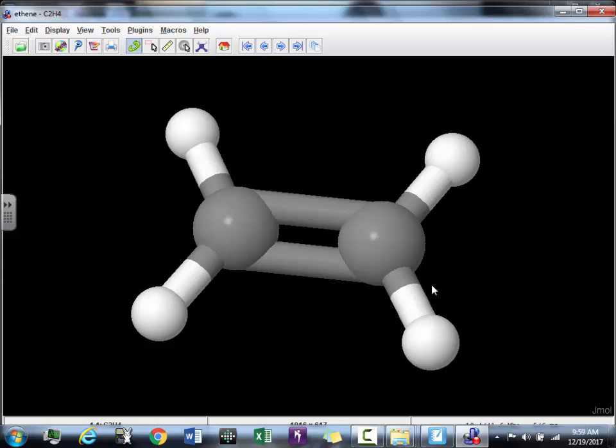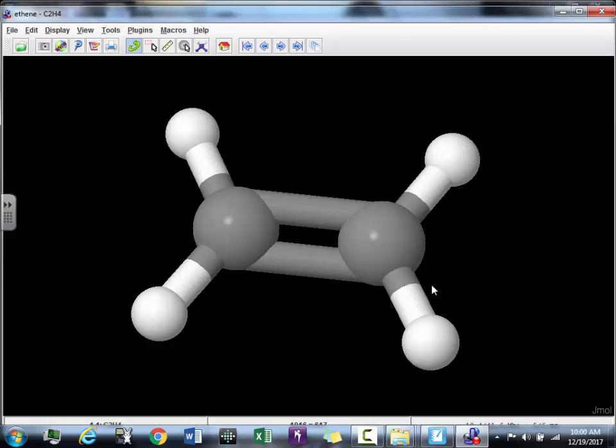What ends up happening on this one, if you can make one along, is it looks like this when you're done. You guys see how there's a double bond right here in the middle, and then it goes 1, 2, 3 directions there, 1, 2, 3 directions there, but essentially it's a flat shape. Right?